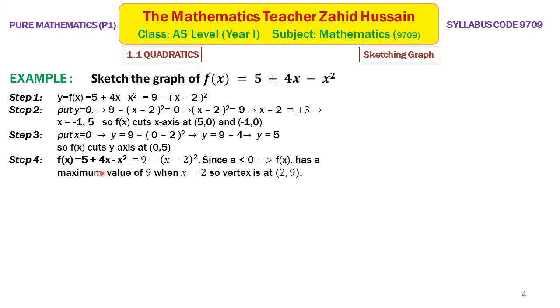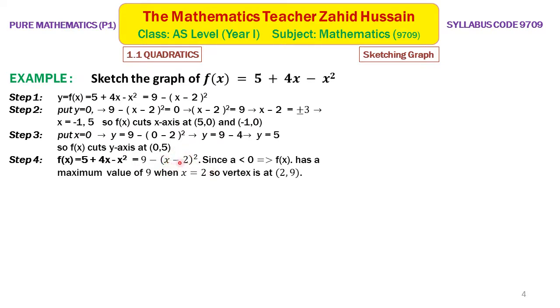Then we will find the maximum or minimum value. As we know that the coefficient of x square is negative, so the parabola will open down. If the parabola opens down, then it has a maximum value, and the maximum value is this value of q, which is 9 in this case, and this occurs when x is equal to 2.